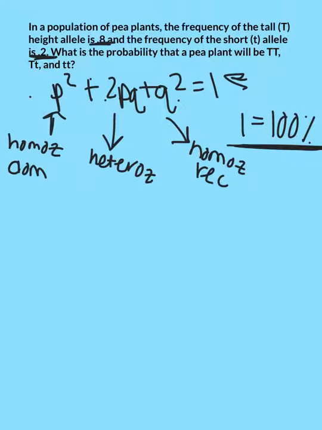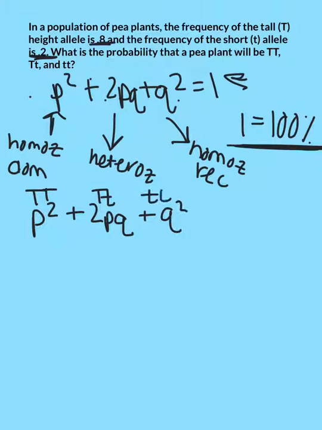So, to solve this, you have your P squared, which is your big T, plus 2PQ, big T, little t, plus your Q squared, which is your little t. And so from the problem, you know that this is 0.8 and that this is 0.2, and that should add up to 1, which it does.